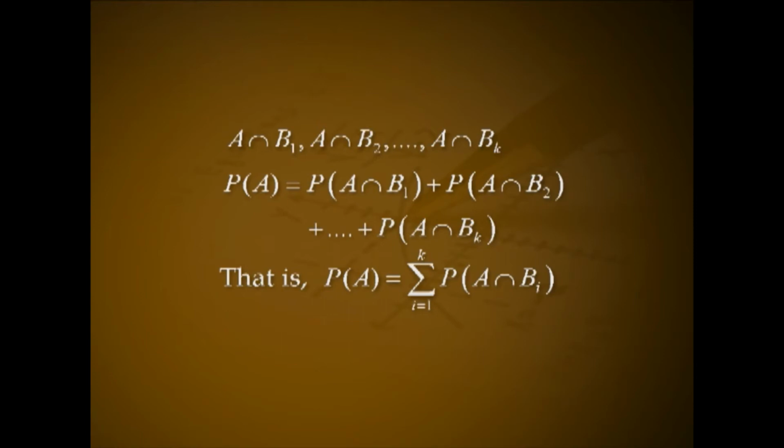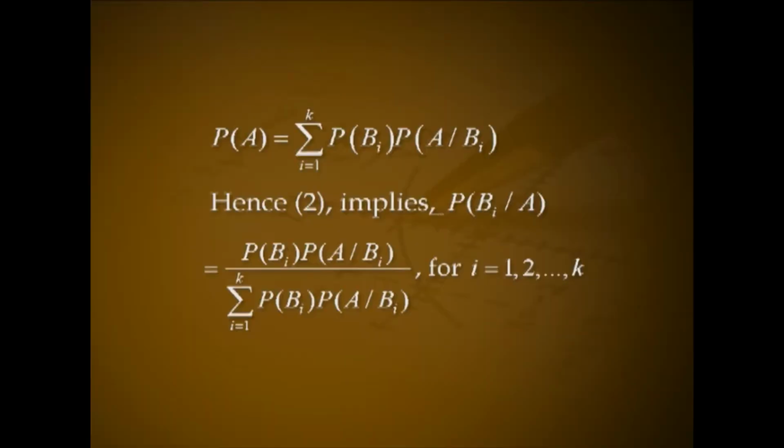Therefore, P of A equals P of A intersection B1 plus P of A intersection B2 plus, etc., plus P of A intersection Bk. That is, P of A equals sigma i from 1 to k P of A intersection Bi. Using equation number 1, we get P of A equals sigma i from 1 to k P of Bi into P of A given Bi.